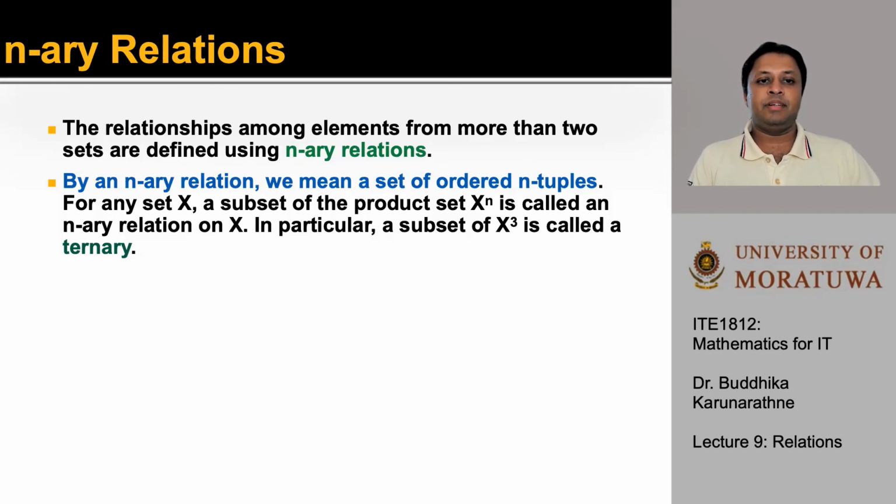By an n-ary relation, we mean a set of ordered n-tuples. For any set X, a subset of the product set X to the power n is called an n-ary relation on X. In particular, a subset of X to the power 3 is called a ternary relation, and so on. We can go even further in terms of n-ary relations.